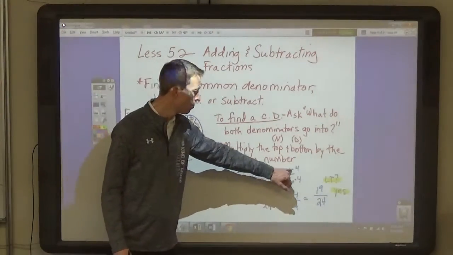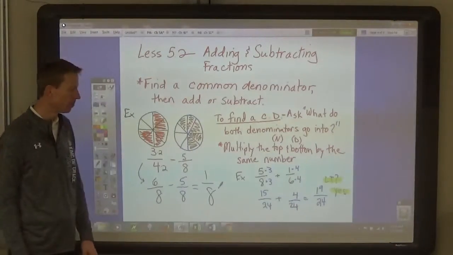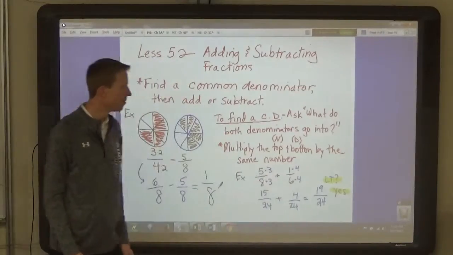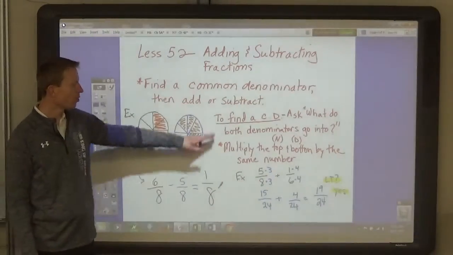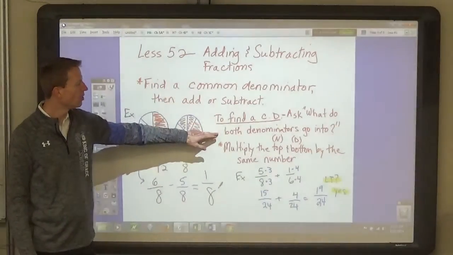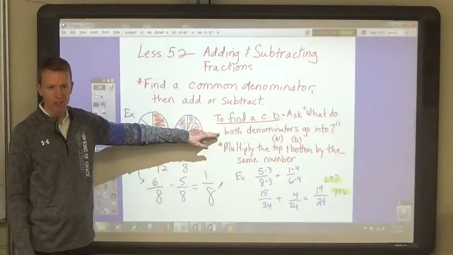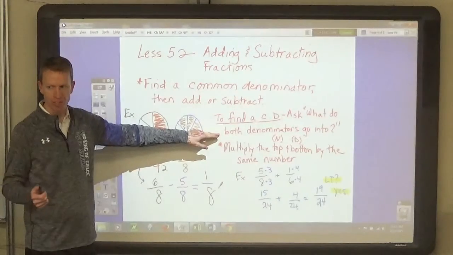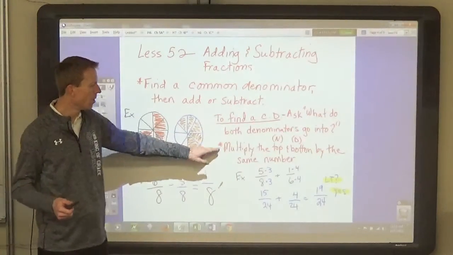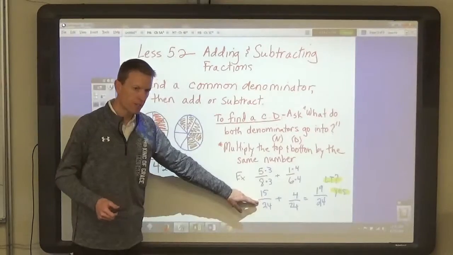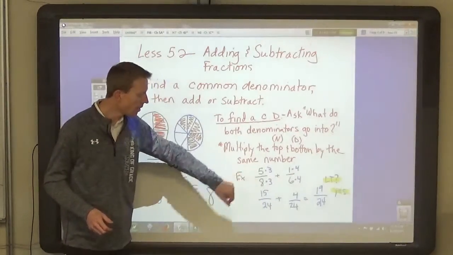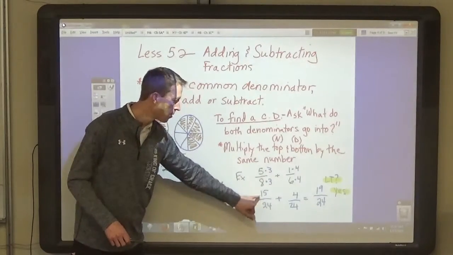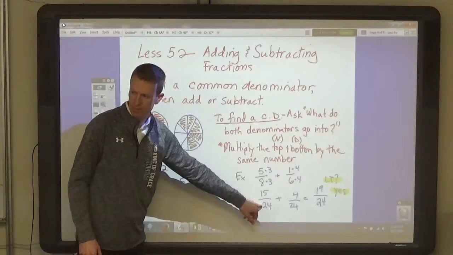Look at this one: 5/8 plus 1/6. What do both of these numbers go into? That's the first question in this, isn't it? What do both denominators go into? 24, right. To get this into 24ths, I like it when you write the problem this way, and then right below it, write the equivalent fraction.